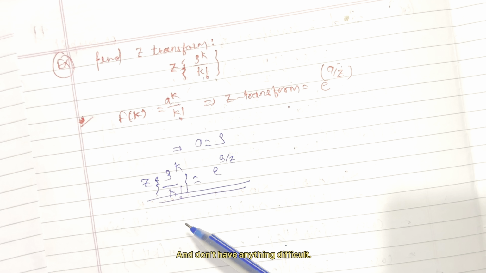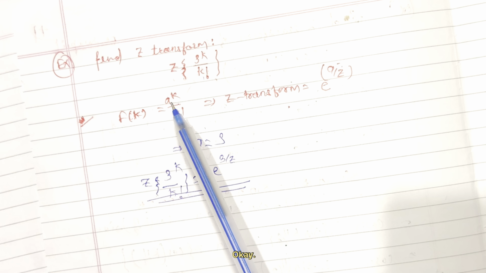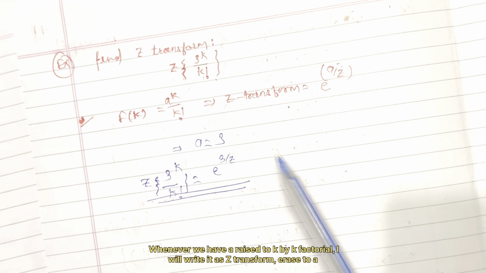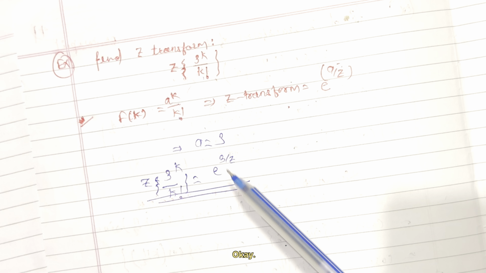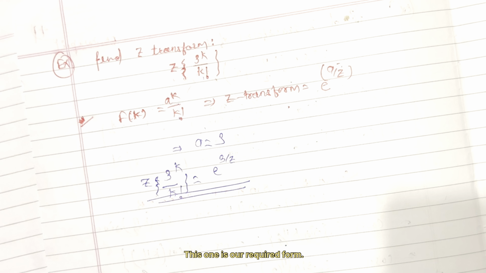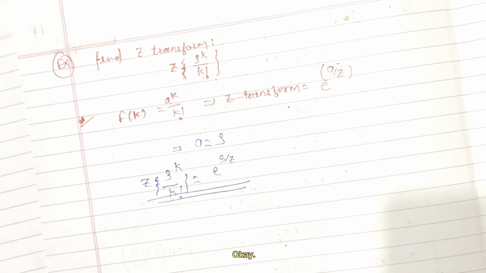There is nothing difficult, it is a very easy solution. You just need to remember this form: whenever we have a raised to k by k factorial, its Z transform is e raised to a by z. So the Z transform of 3 raised to k by k factorial is e raised to 3 by z.